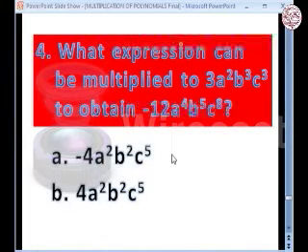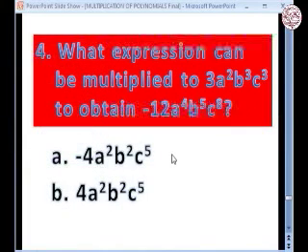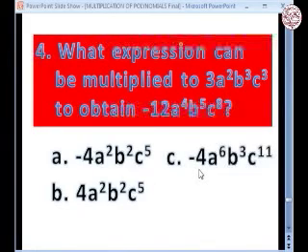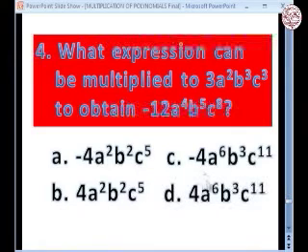B, 4a squared b squared c raised to 5. C, negative 4a raised to 6, b raised to 3, c raised to 11. Letter D, 4a raised to 6, b raised to 3, c raised to 11. I'll give you 10 seconds to answer this question.